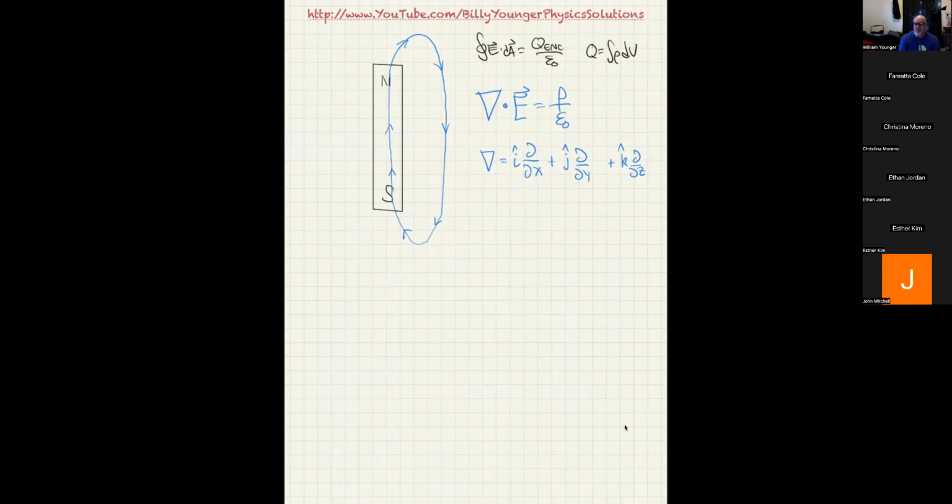You can actually put it to the left of a scalar and you get what's called the gradient, which is sort of like a directional derivative that tells you the steepest direction to go. You can take a dot product of it with a vector like we're doing above, or you can take a cross product of it with a vector, like we'll see a little bit later. But the main thing is this quantity right here is called the divergence.